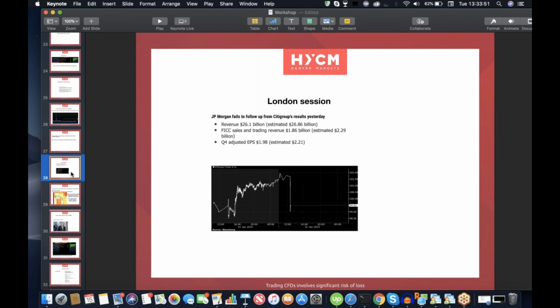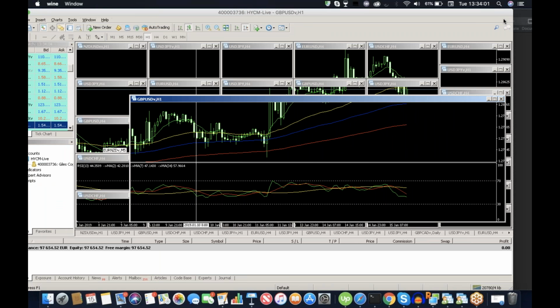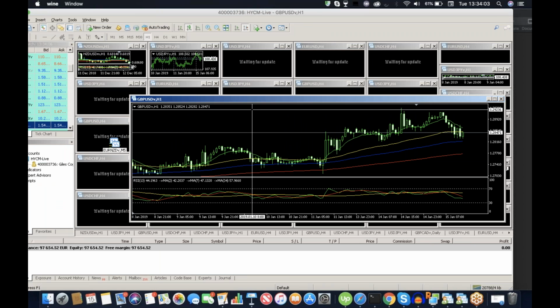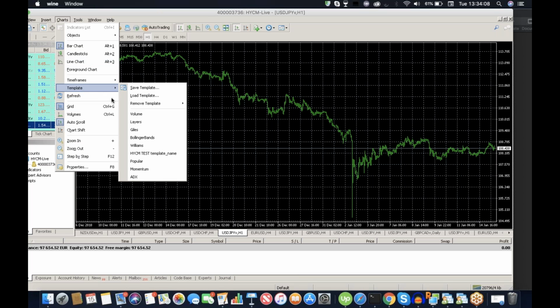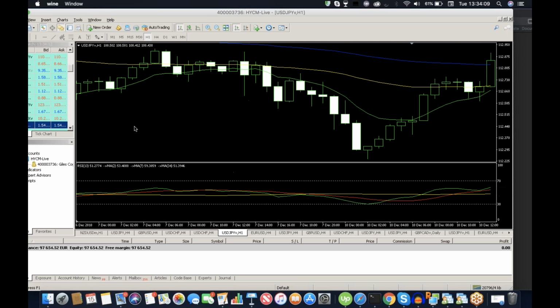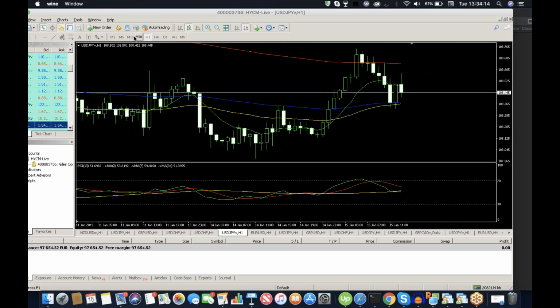Obviously, the earnings of such a major bank is going to have an impact on risk, and you can see that the yen was being bought on the back of that news here. So there we go.